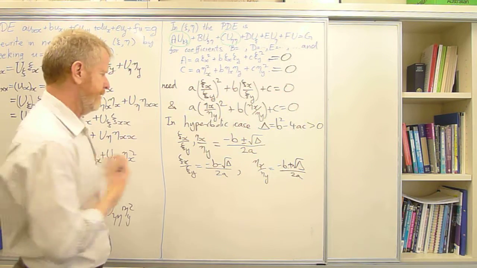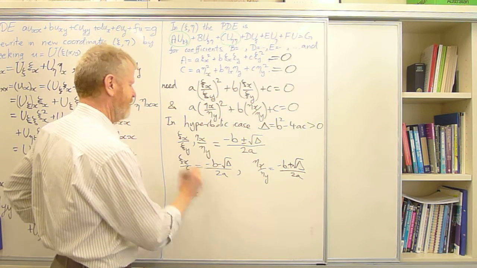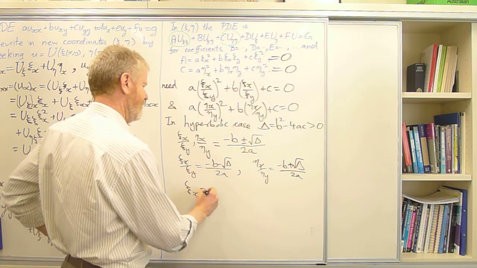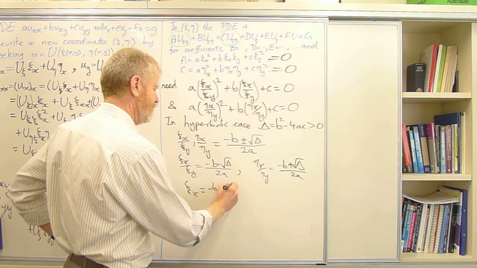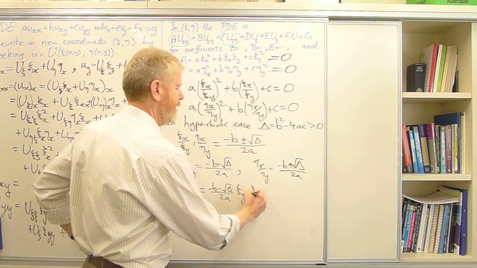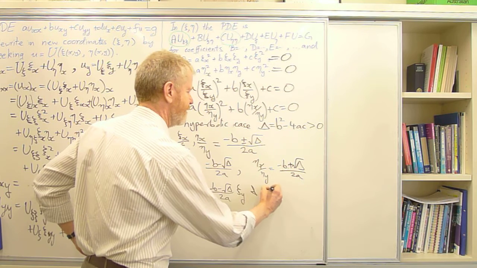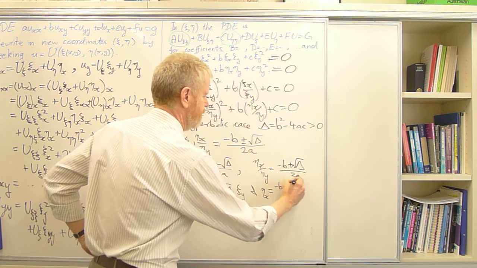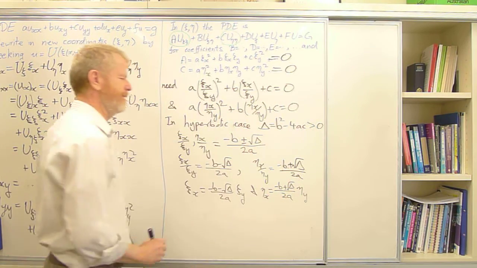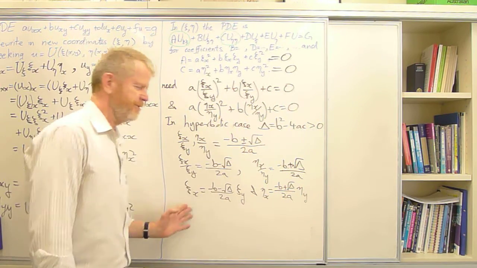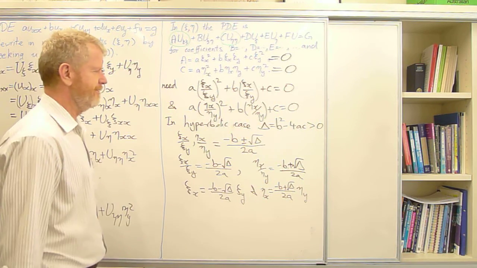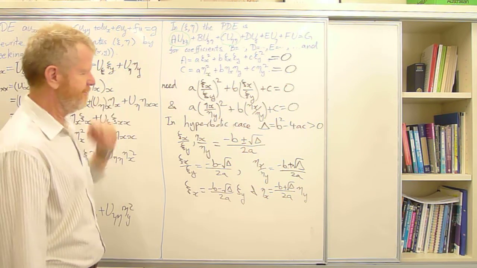In other words, what we want the coordinate system to satisfy is that dxi by dx is minus b minus root delta on 2a dxi by dy, and we want deta by dx is minus b plus root delta over 2a deta by dy. And these are two differential equations for the two unknowns of our desired coordinate system, in which a and c go to 0.